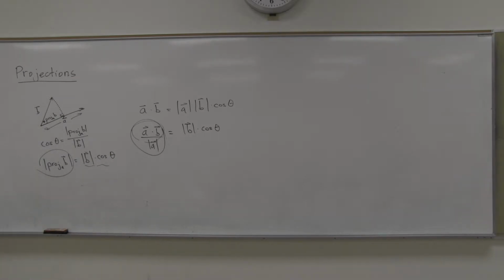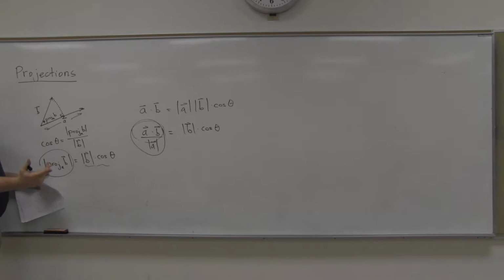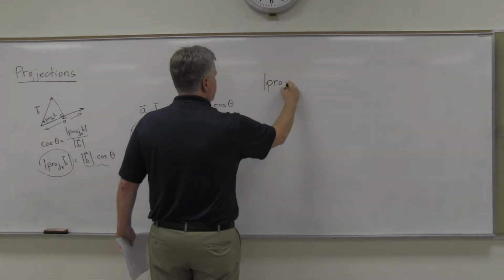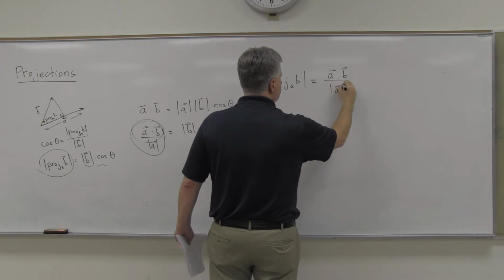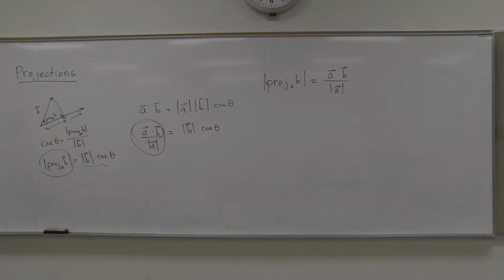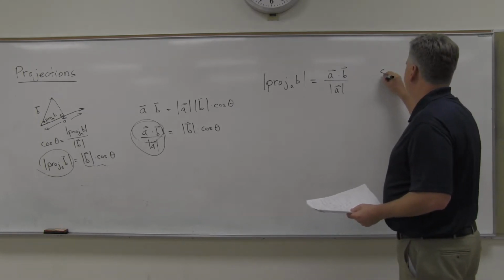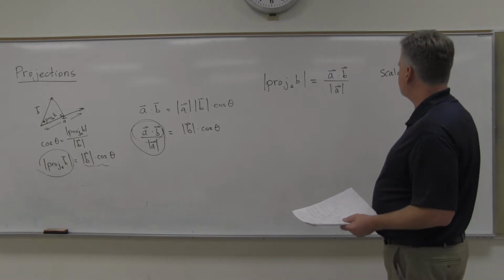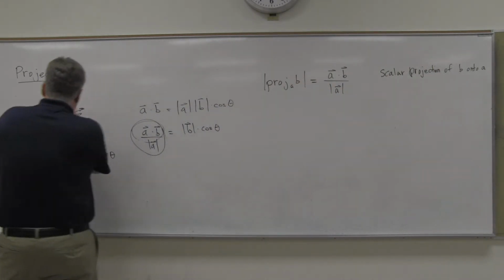So if two things are equal to the same thing, they must be equal to one another. So the magnitude of the projection is a little better formula, easier to work with for me, because you're just taking the dot product and dividing it by the magnitude of A. That's the magnitude of the projection, or the scalar projection of B onto A. So that's how long that thing is.